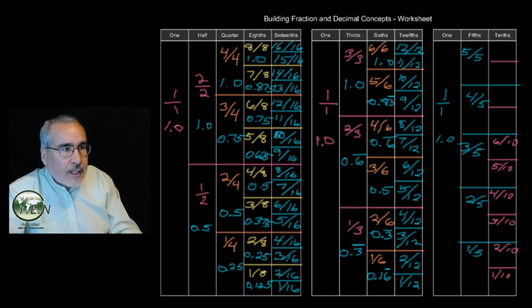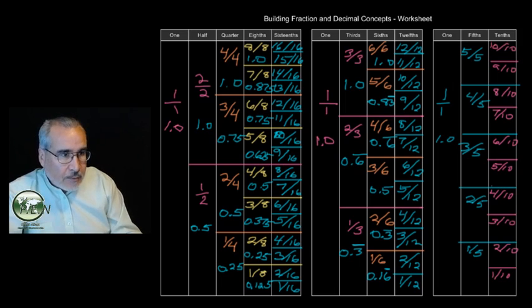Notice the evens and odds. The evens are matching up with the fifths, but the odds don't. They're kind of halfway in between. 7/10, 8/10, 9/10, and 10/10.